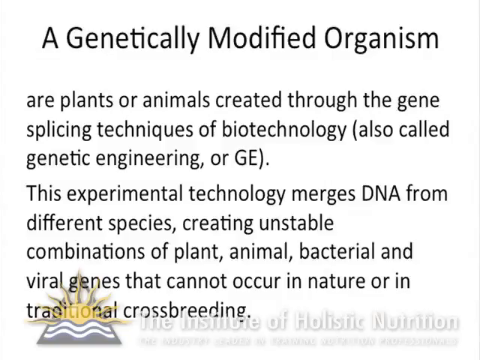We call it experimental technology because it's fairly new, where it merges DNA from different species, often creating unstable combinations of plants, animals, bacteria, viruses that cannot occur in nature naturally. And this is where the big concern comes from, is that these two things would never come together in nature. So we often crossbreed things, or we try to.